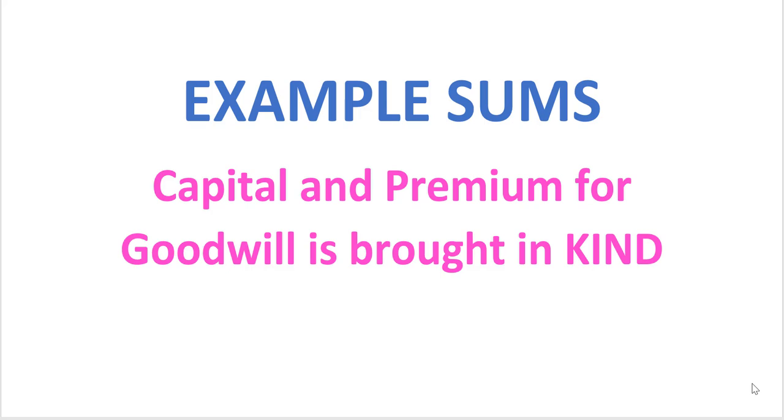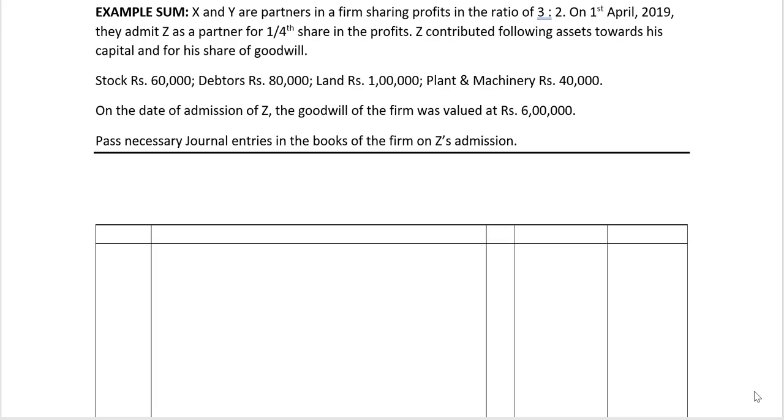Let's solve an example sum in the fourth method of treatment of goodwill, that is when the capital and premium for goodwill is brought in kind by the incoming partner. Example sum. X and Y are partners in a firm sharing profits in the ratio of 3:2.